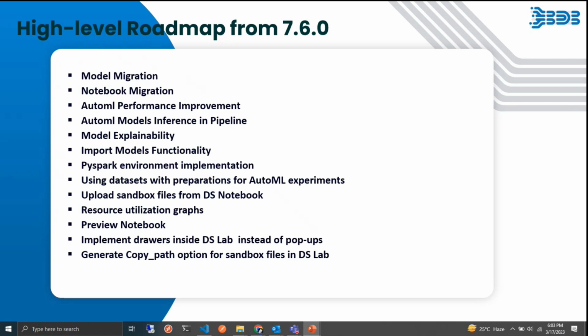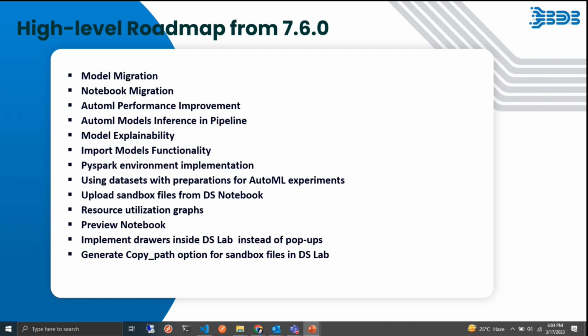Then model explainability is a new feature that we have come up with in release 8.0. Then we have also made the feature import model functionality available to the user. We have also implemented the Pyspark environment along with TensorFlow and PyTorch, which were already there in 7.6.